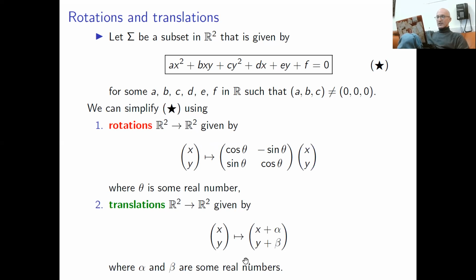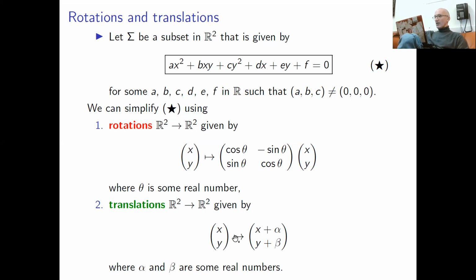If you look at the translation, you see that, unless alpha and beta are zero, this is never a linear transformation. A linear transformation has to map the zero vector to the zero vector. This function maps zero to the zero vector only if alpha and beta are zero. But still, geometrically this is a very nice transformation. You just shift all the points by the vector alpha beta. So geometrically it's very transparent.